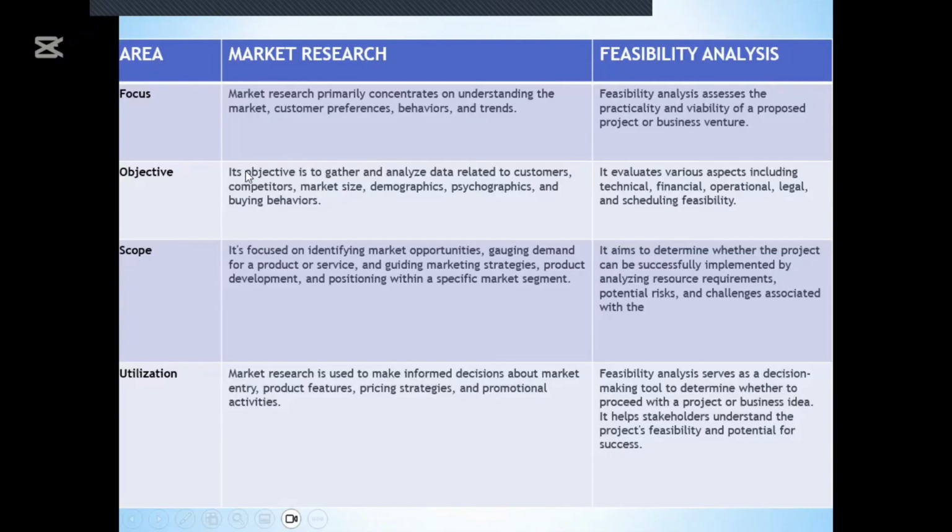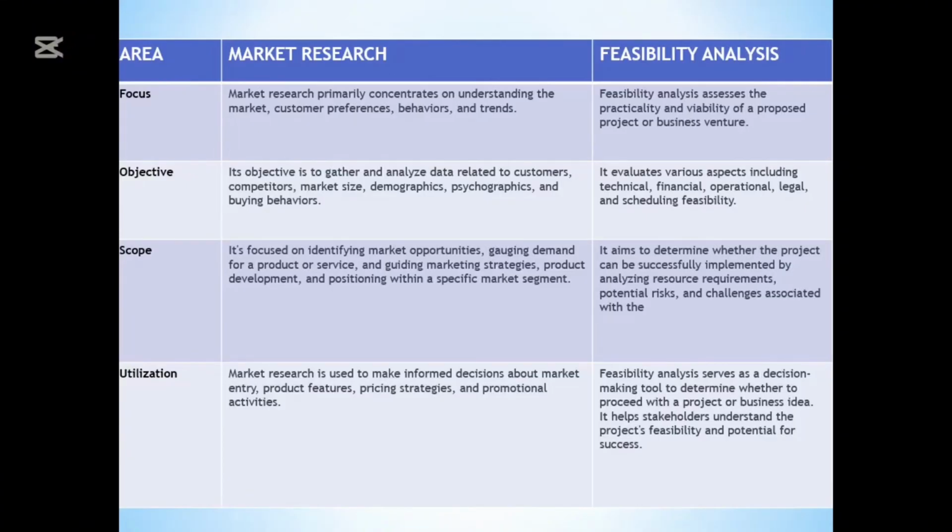Going more in depth, with market research the focus is more on understanding the market, customer preferences, behaviors, and trends, whereas a feasibility analysis would look at the practicality and viability of a proposed project or business venture. So it will take a look at the entire thing as a whole. One is looking at a bit more micro, which is market research, and the feasibility analysis is a bit more macro in nature.